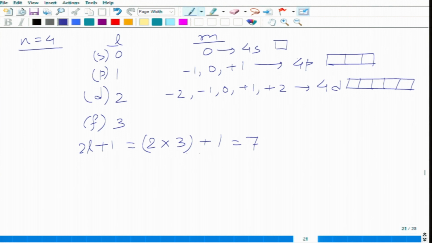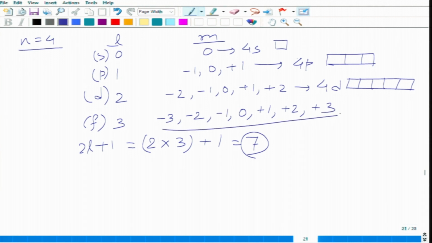So the f subshell will have 7 orbitals: -3, -2, -1, 0, +1, +2, +3. Okay, these are the 7 orbitals of f. So we denote them like this.